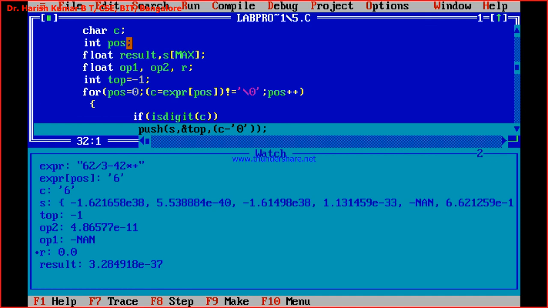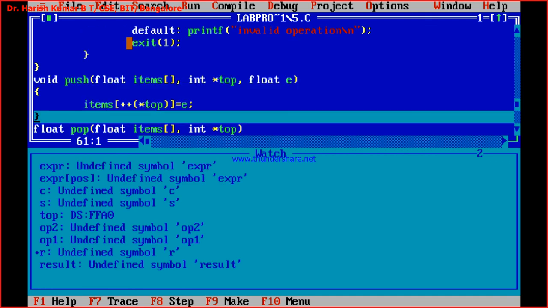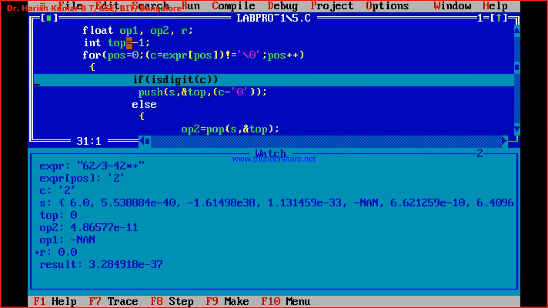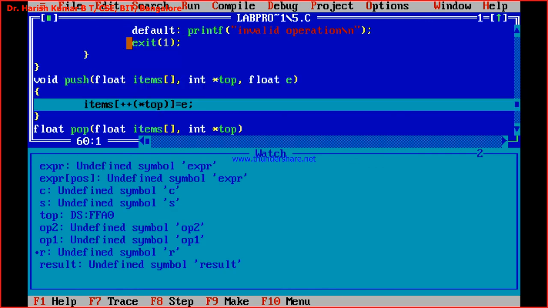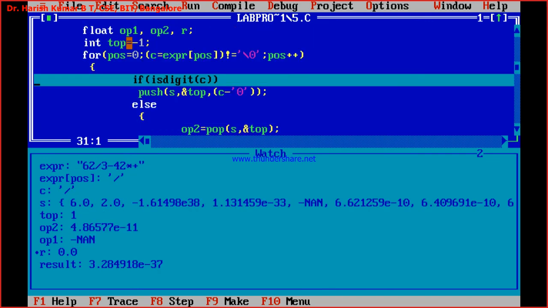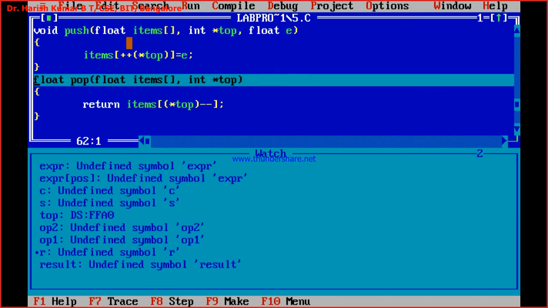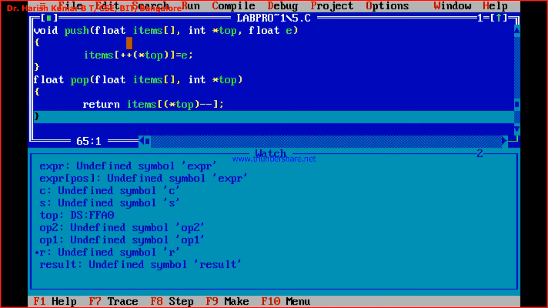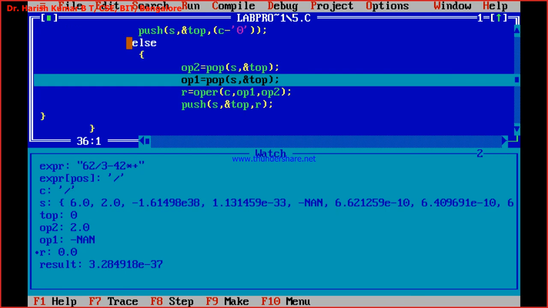So all this is fine. Now 6.0 gets pushed onto the stack. 6.0 is pushed. Now it's still in the pop.